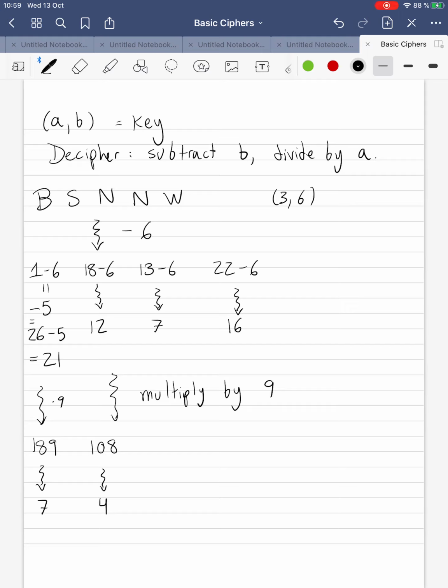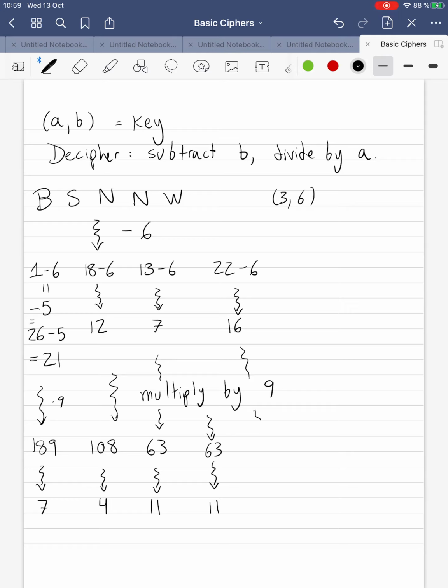Then 7. I can't visibly divide 7 by 3 because it'd give me some kind of fraction, but that's where I can multiply by 9. So 7 times 9 gives me 63, and 63 mod 26 is 11. So that's my L. I'm going to add this again because L has to be repeated twice. This gives me 11.